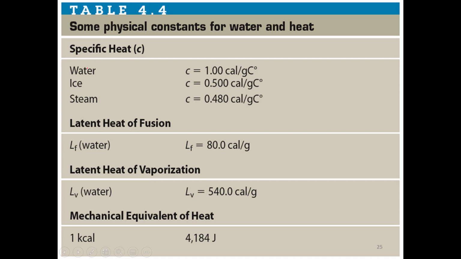This is the specific heat for water. Water is 1 cal per gram per degree Celsius. For ice it is 0.5, and for steam or gas it will be 0.48. The latent heat of fusion for water is 80 calories per gram, and the latent heat of vaporization will be 540 calories per gram.